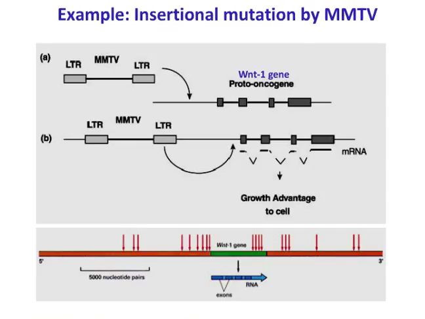Analysis of numerous mouse mammary tumors created from MMTV-infected mice revealed that insertion anywhere within the vicinity of about 10,000 nucleotides from the Wnt1 gene resulted in transformation.